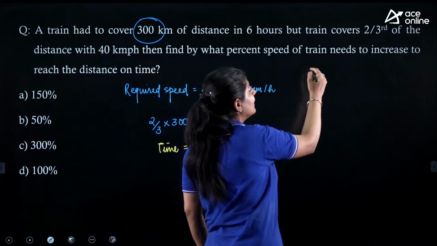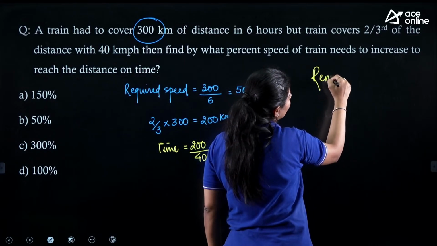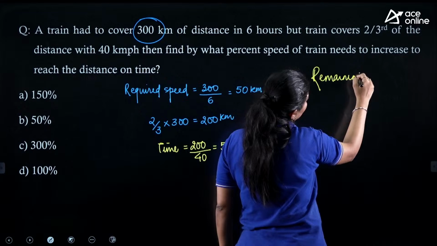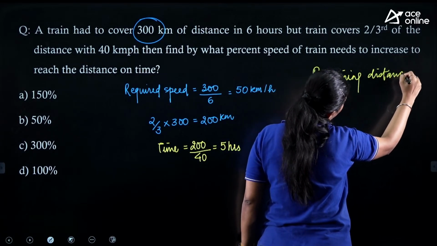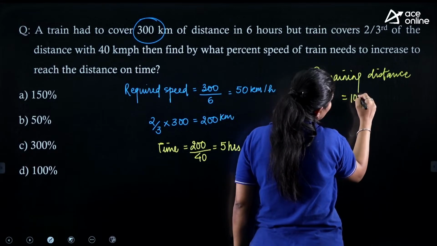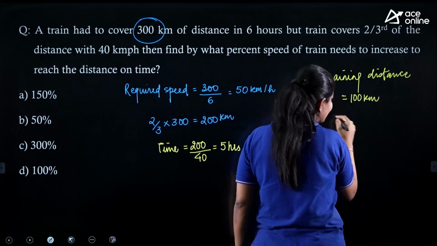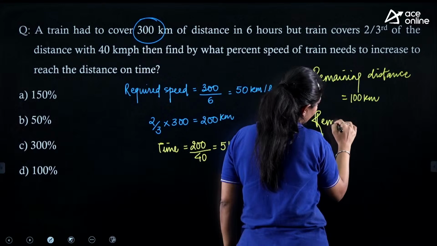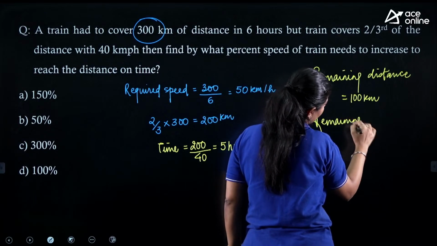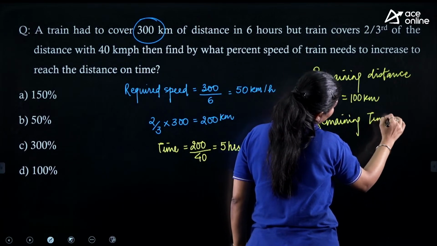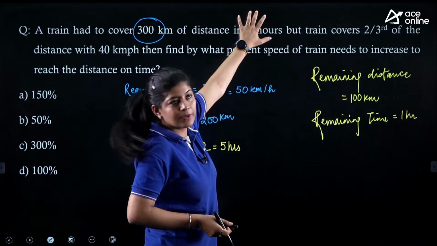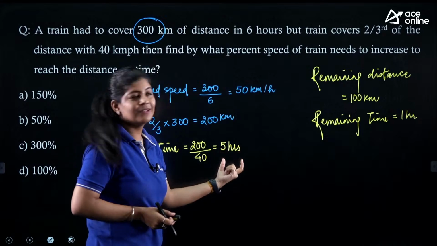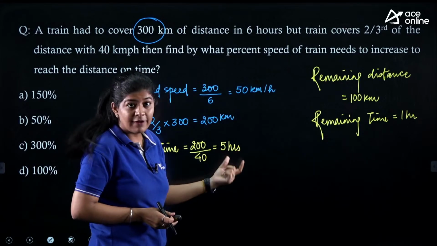That means the remaining distance the train needs to cover is 100 kilometers, right? And the remaining time is 1 hour, because we have a time limit of 6 hours and we already consumed 5 hours.